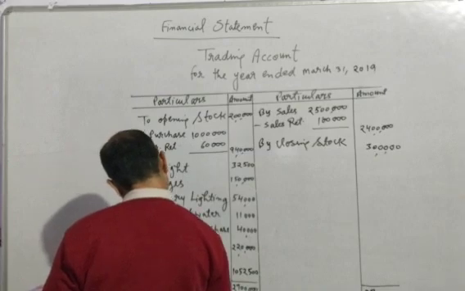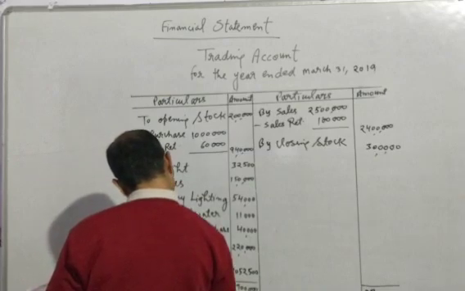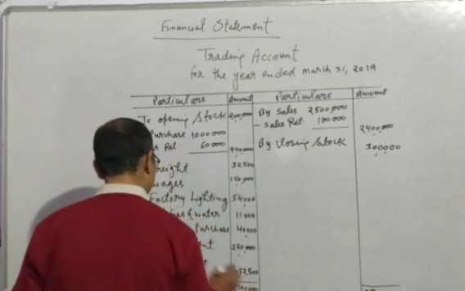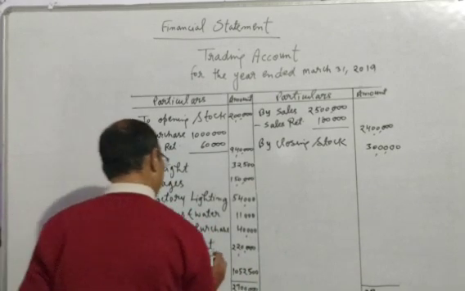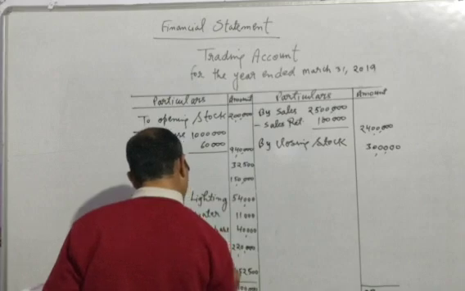Now we will write here to gross profit, because the balance is coming on the debit side, so it would be profit, and we will write by the name of gross profit carried down.